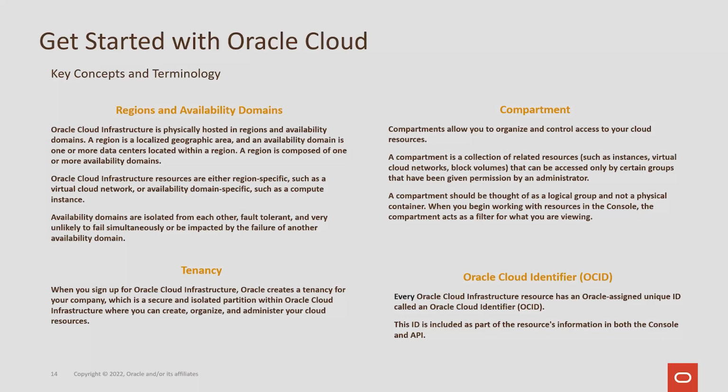Because they do not share infrastructure such as power or cooling, or the internal availability domain network, a failure at one of these ADs within a region is very unlikely to impact the availability of the others within the same region.